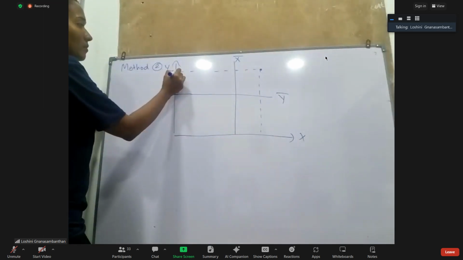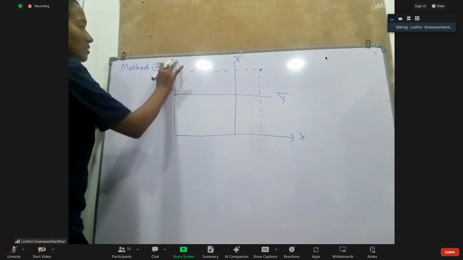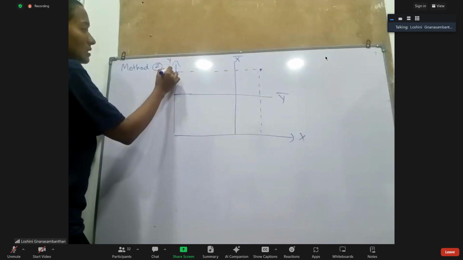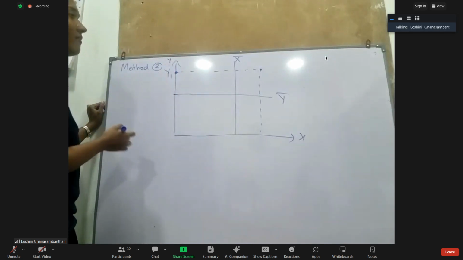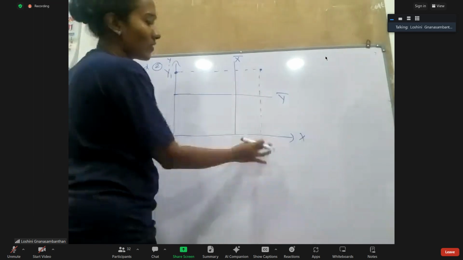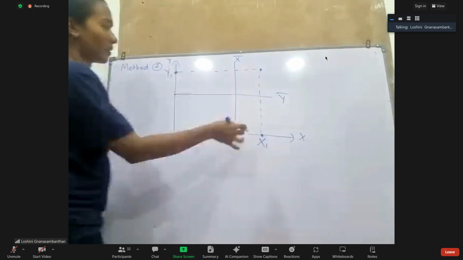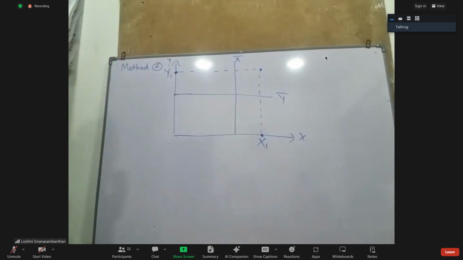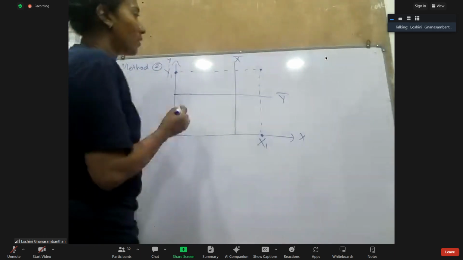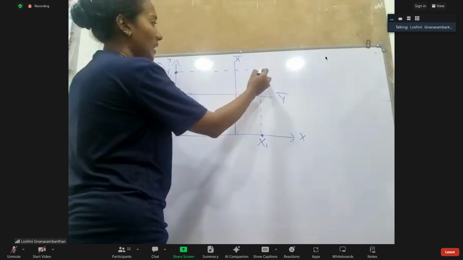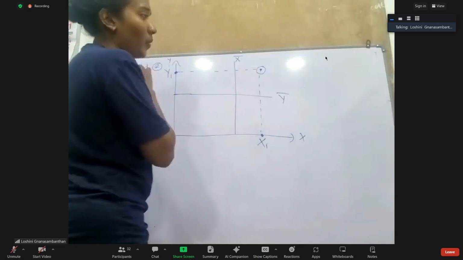Now in terms of y, what is it? Let's just say yi, and in terms of x, let's say x is this. Right? Now, can you give another name for this point?